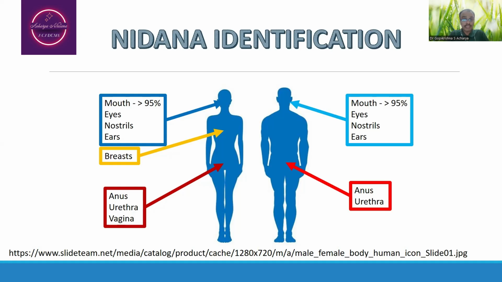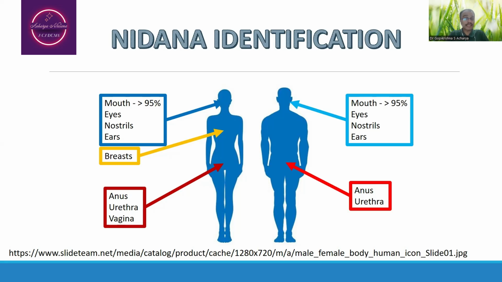For example, if the pathogens enter the oral cavity, initial symptoms are observed in the oral cavity. If they enter via the anus, initial symptoms are observed in the anus. If they enter the vagina, initial symptoms are observed in the vagina. If they enter the ears, initial symptoms are observed in the ears.